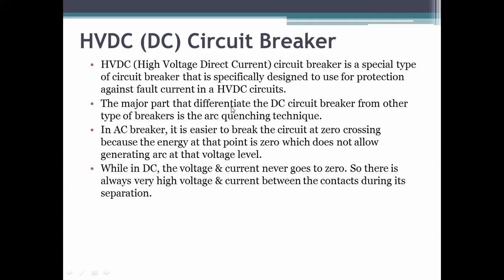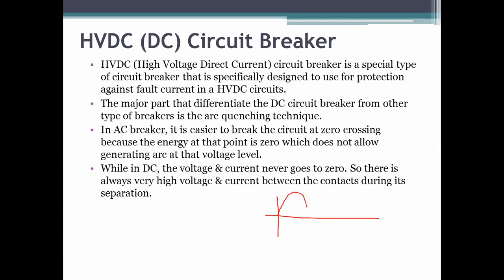Here the main difference between these AC and DC circuit breakers is the arc quenching technique. Means we have to extinguish that arc. So how actually? When we are considering AC circuit breakers, the supply is AC, alternating current.